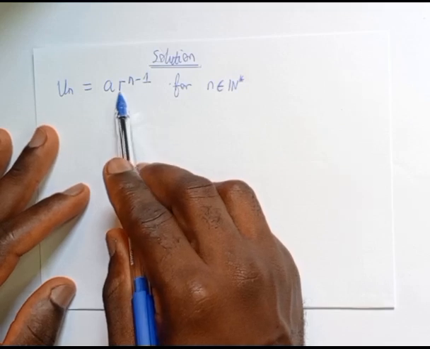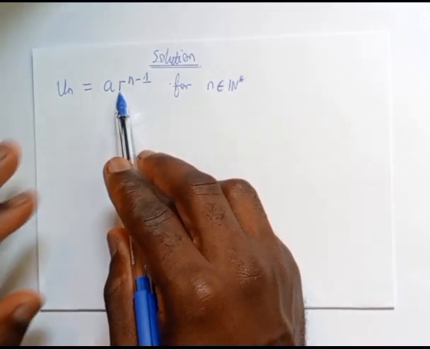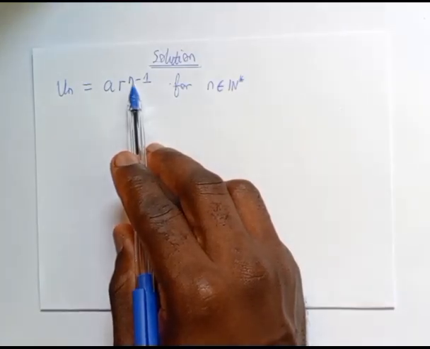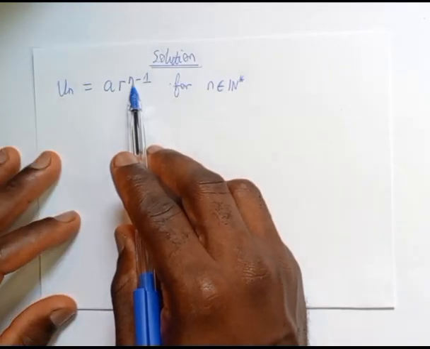For a geometric progression, we talk of a common ratio, and n stands for the term, whether it is the first term, the second term, the third term, or the 10th term.